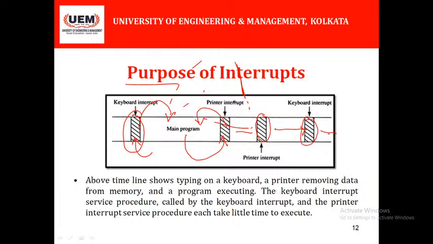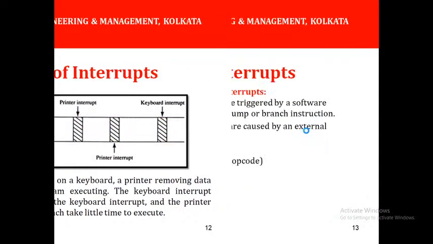So you see that in these stages, the microprocessor is able to perform its normal operation, so less time is wasted. Apart from this particular time, the rest of the time is being utilized for the programming purpose.